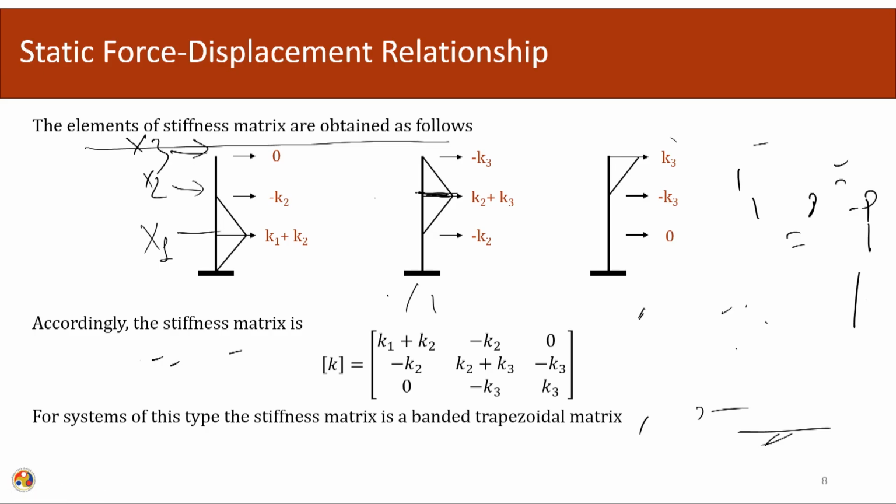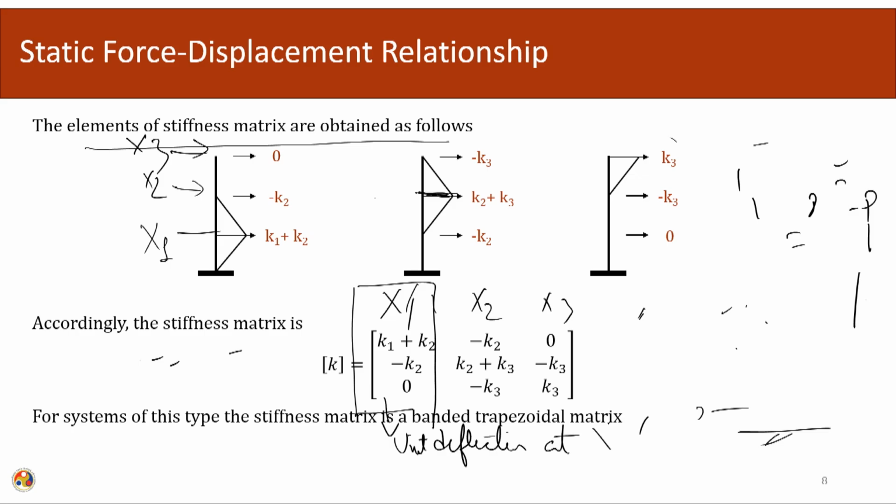So, this whole column corresponds to a unit deflection at x1. We are giving a unit deflection at x1 and we are calculating the force required to cause this unit deflection.